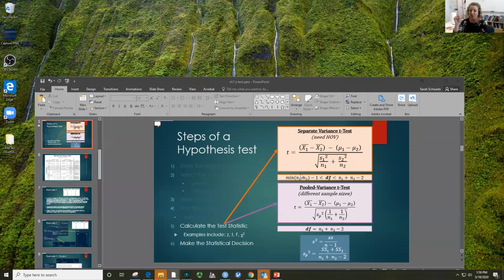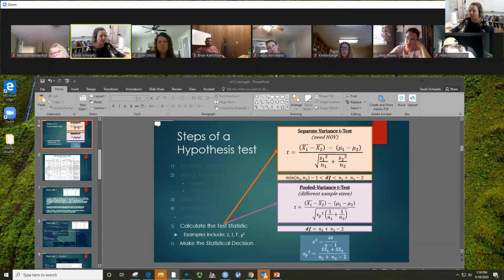Instead, it's telling you the degrees of freedom are going to be less than the combined sample size minus 2, but greater than, any guesses what MIN means? It means minimum. So our degrees of freedom is somewhere between the smaller of the two sample sizes minus 1 and the combined sample size minus 2.